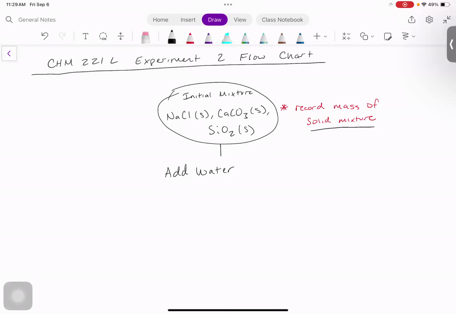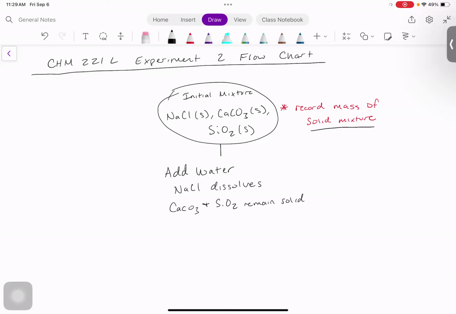And so from that video, we saw that the sodium chloride is the only substance that's soluble in the water. So this sodium chloride is going to dissolve. So the sodium chloride dissolves, and the calcium carbonate and the silicon dioxide remain solid.